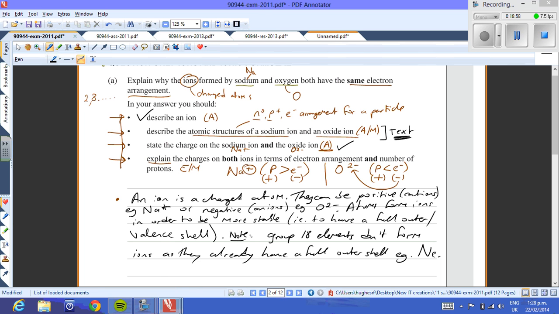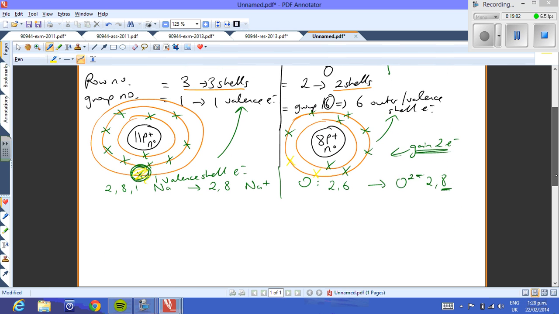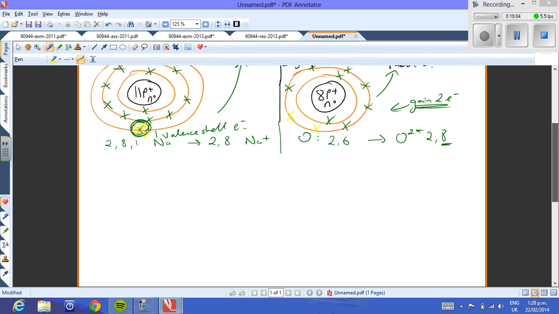What I'm going to do now is use this answer which I created here, which was very good, but we need to add the appropriate text. So the appropriate text to support what I've just described essentially in diagrams is as follows.